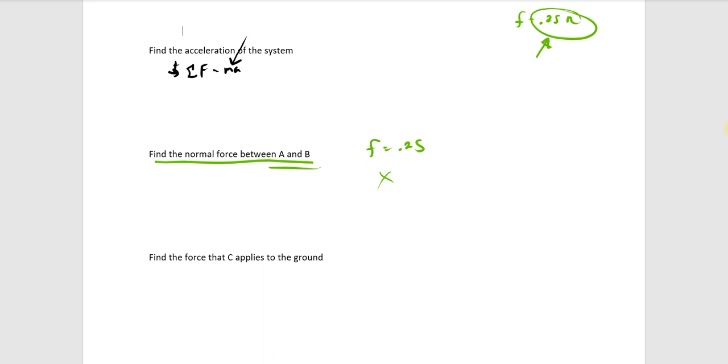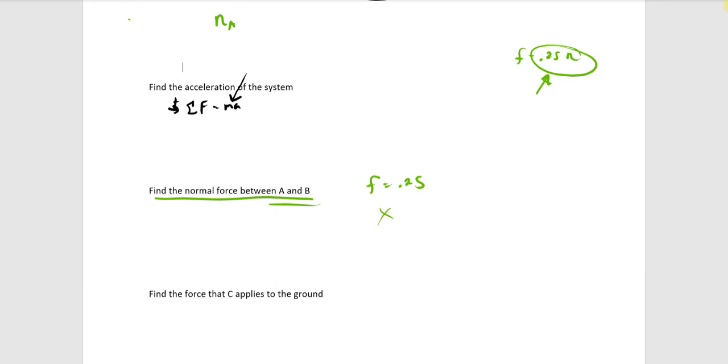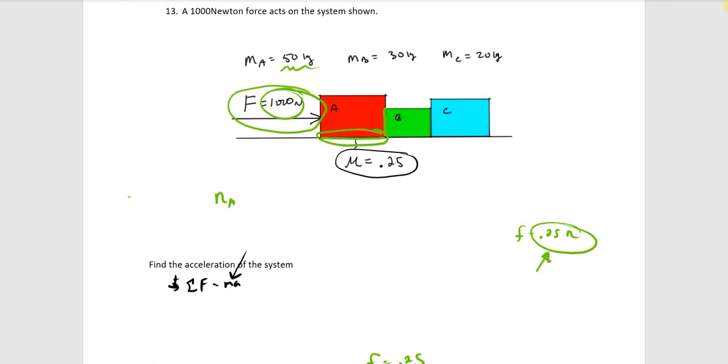Find the force that C applies to the ground. Draw a free body of just C. It definitely will have a normal to the right, a normal BC I would call it. It also has a frictional force, and it also has a normal at this surface.